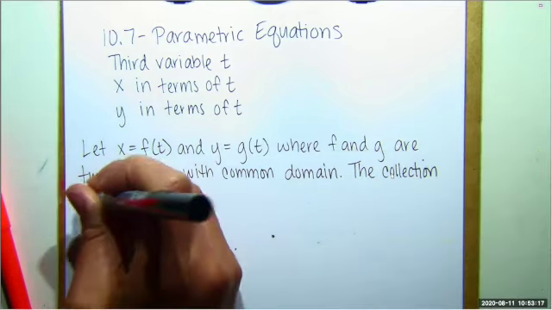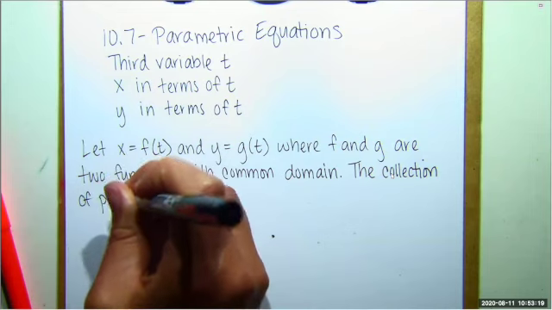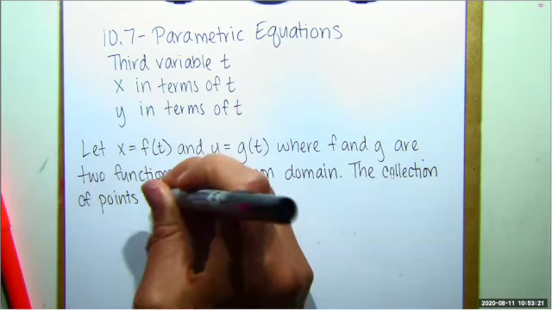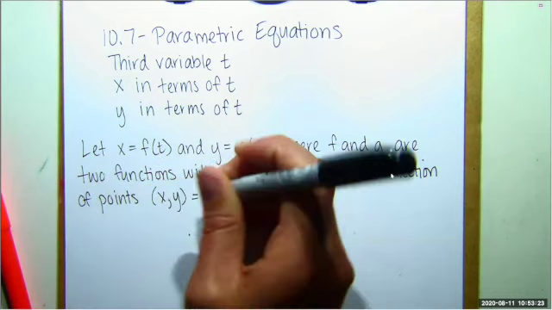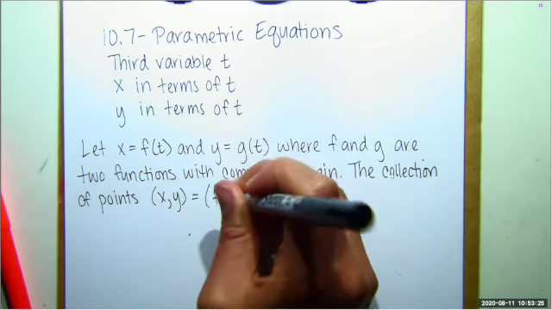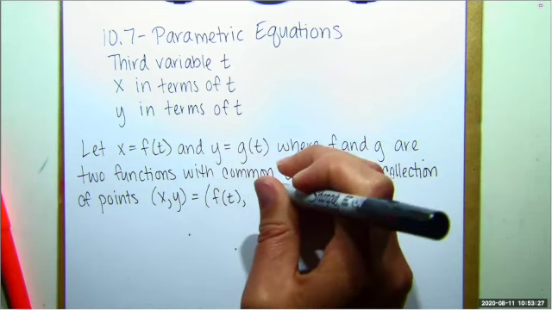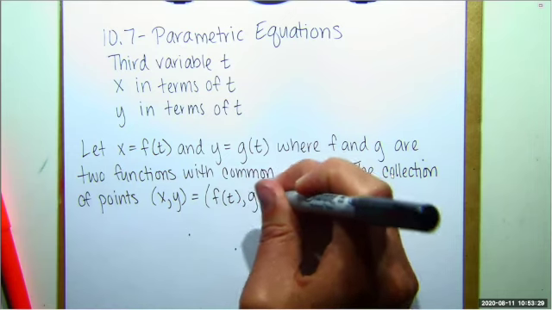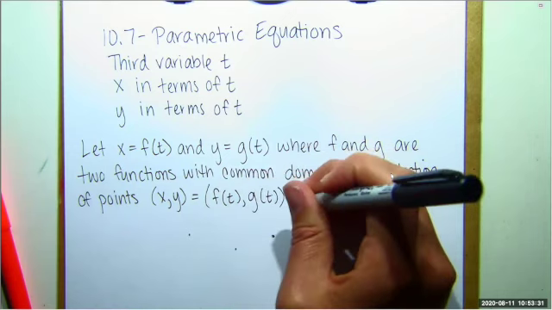The collection of points x comma y, which is f of t comma g of t, is called a plane curve.